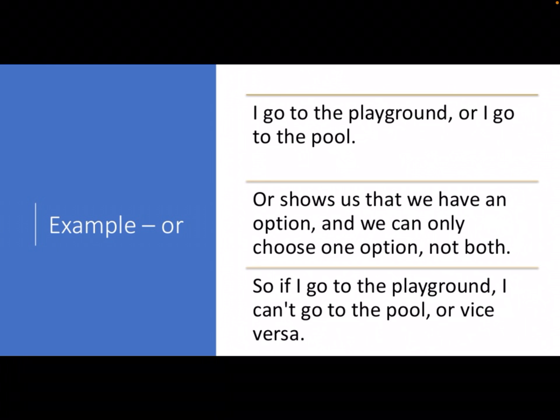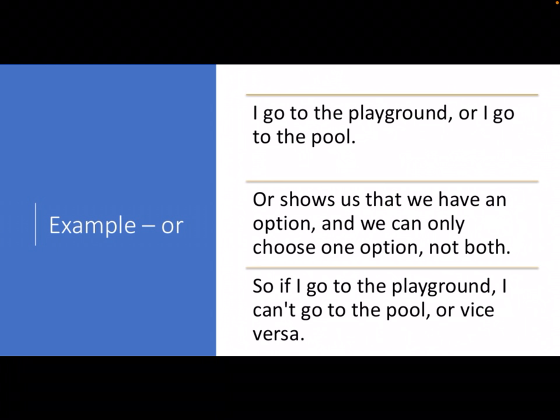Next we have or. When do we use or? Let's see. I go to the playground or I go to the pool. Okay? So or shows us that we have an option. عنا خيار. And we can only choose one. عنا خيارين بس نقدر ناخد قرار واحد مش الاثنين. So when we use or, يعني أو.